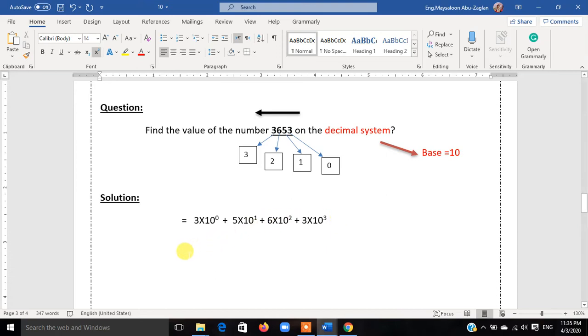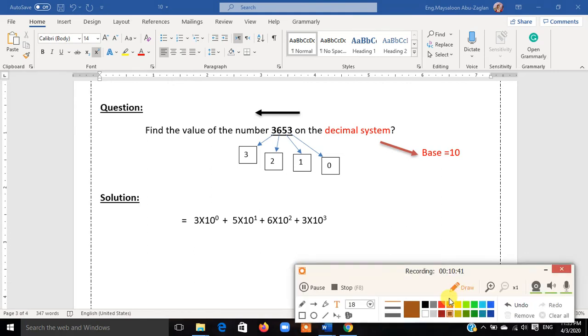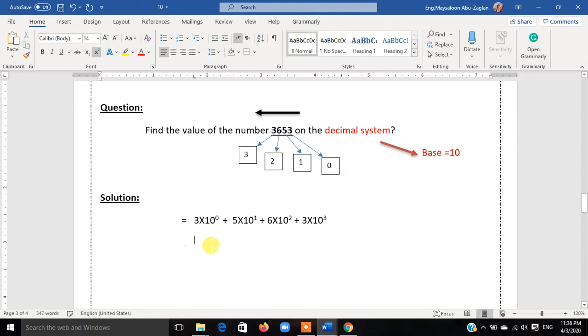Now we are going to complete the solving. I want you to focus now. We said that any number powered by 0 equals 1.